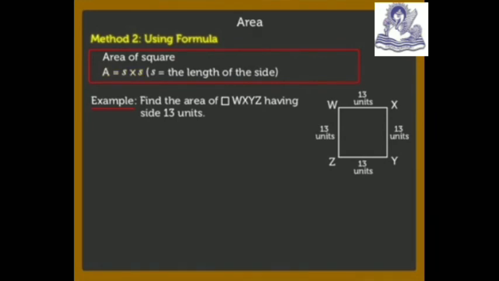As the length of the side of the square WXYZ is 13 units, using the formula, area is equal to side into side. Therefore, 13 multiplied by 13 is equal to 169. So, we get the answer as 169 square units.